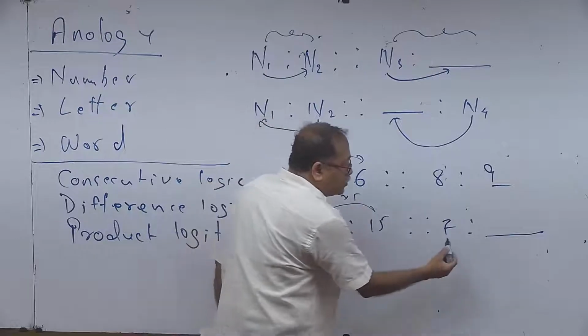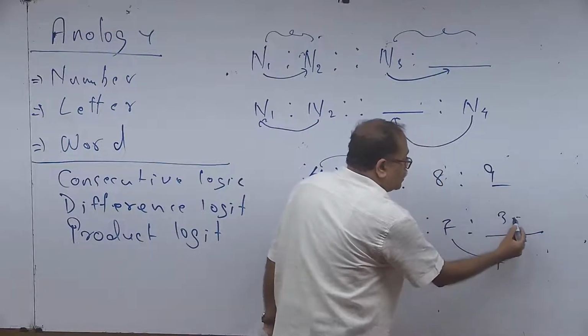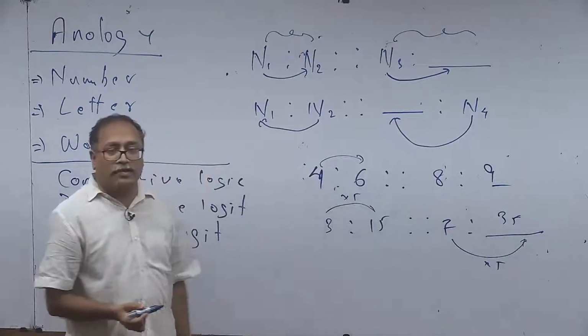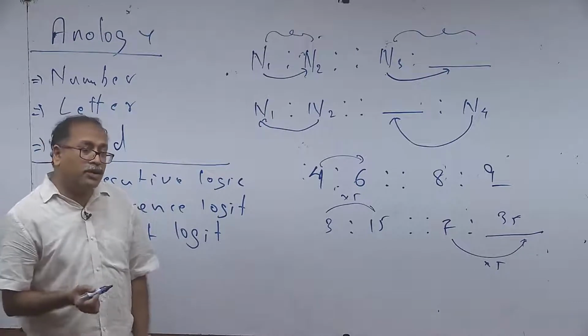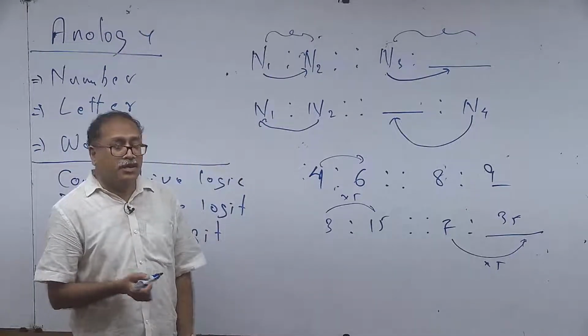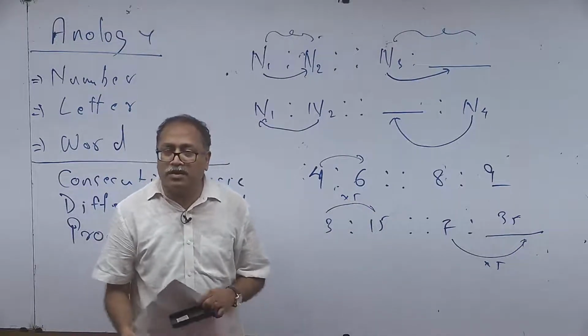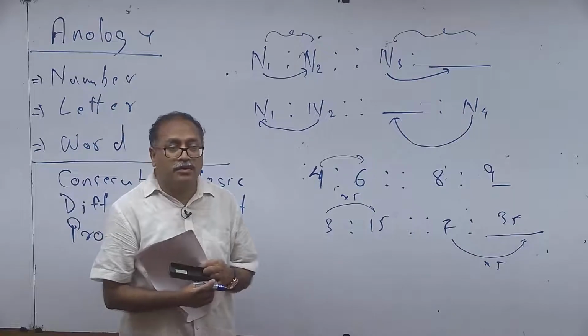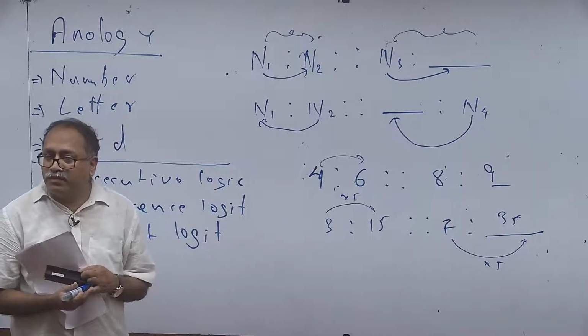So I will go for into 5 and see that the number comes to 35. But if you don't find 35, then what else will you look at? Product logic, it's very simple. Okay, into 5 I tried, option is not there. Then what else can I look at in these two numbers, 3 and 5?